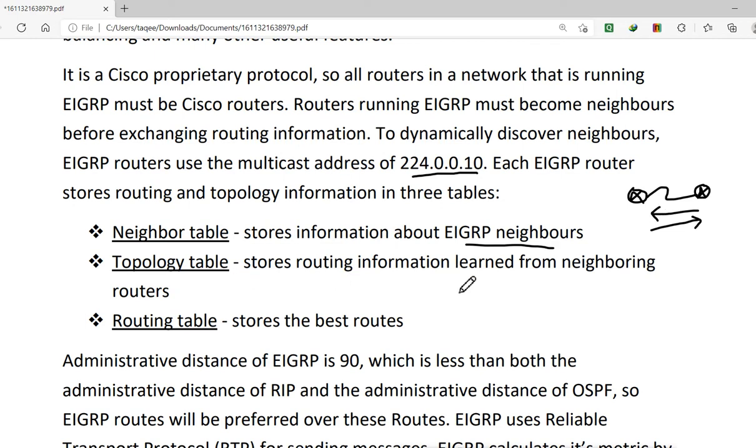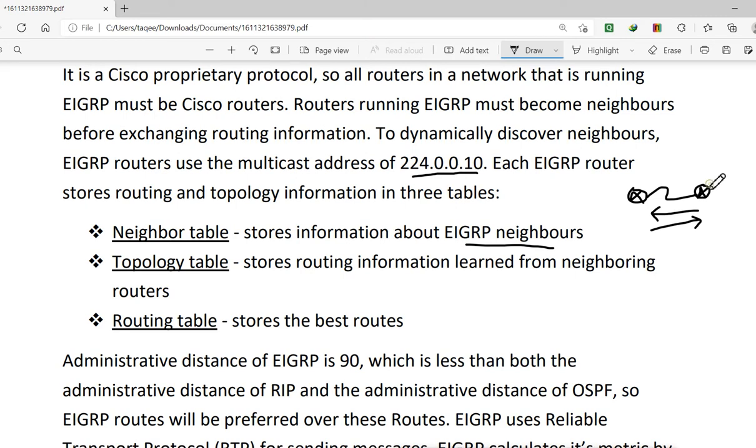Topology table means this router says I am connected to these networks, and this router says I am connected to these networks. Based on that, it creates the topology table of which networks these routers are connected to. This router is connected directly to these networks, then it knows that the other three networks are coming from this router.